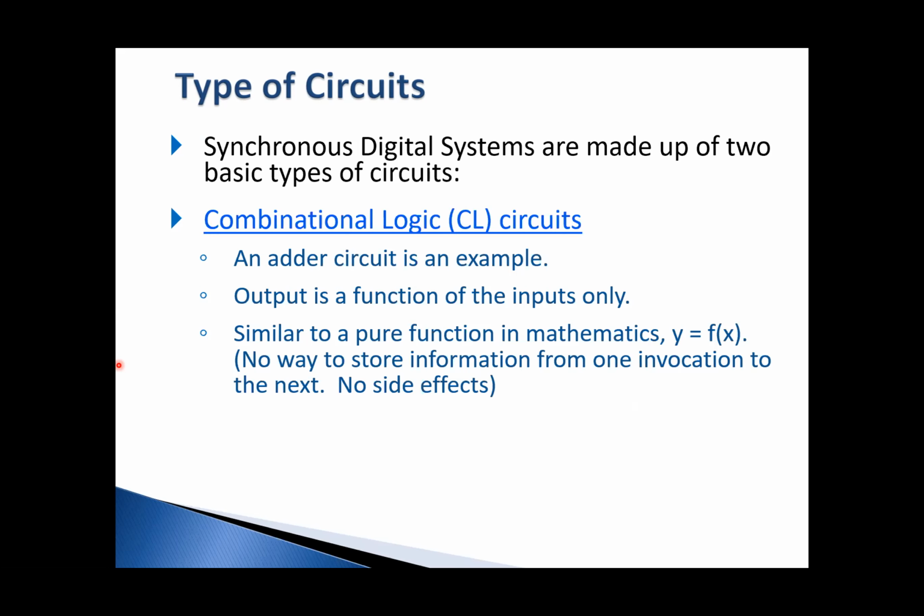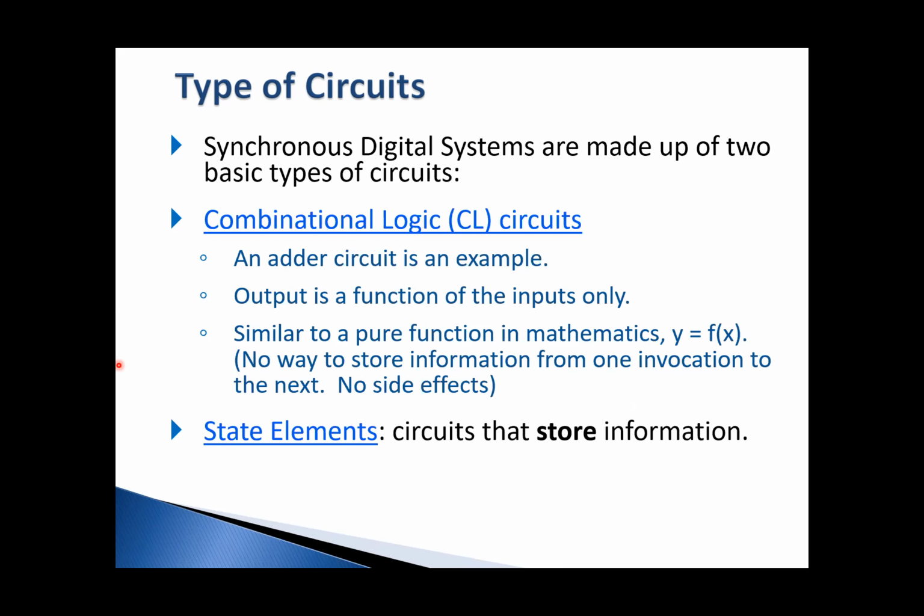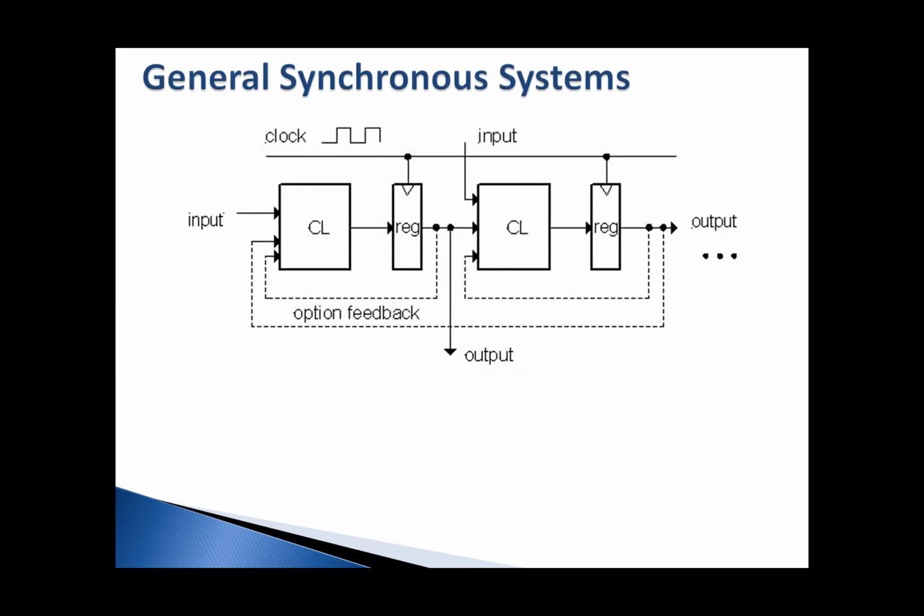The other type is called a state element. What it does is store information. For example, a register is an example. Within the CPU, the CPU will go through 5 stages. If you think about it, each stage is a compound of a combinational logic circuit and a state element.